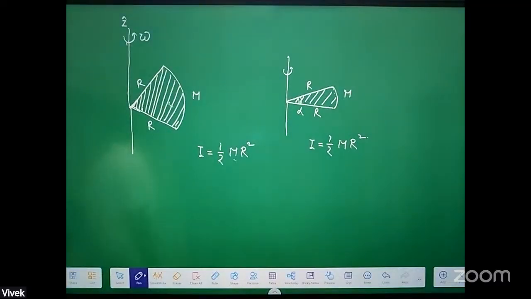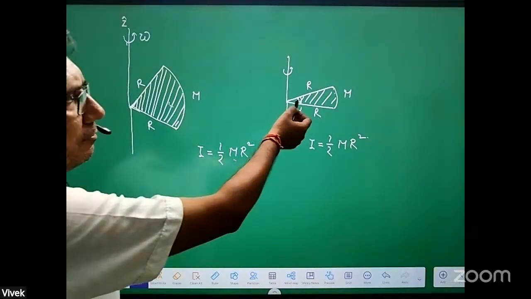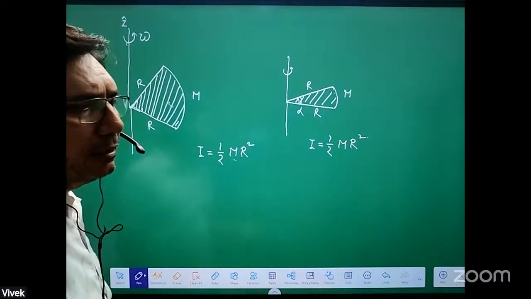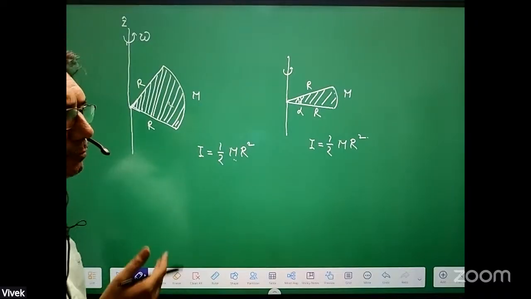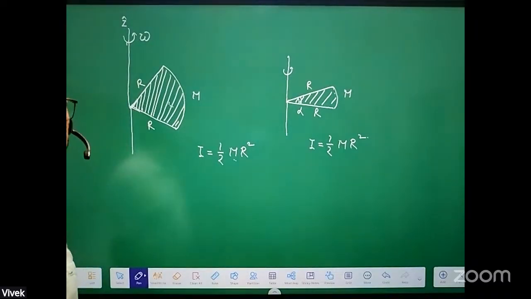It can be any angle, it can be 10 degree, 15 degree, 20 degree, 30 degree, the formula is going to be same. So this is another aspect.